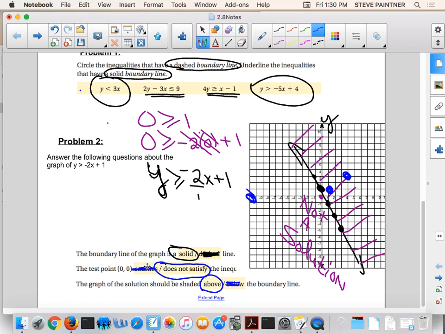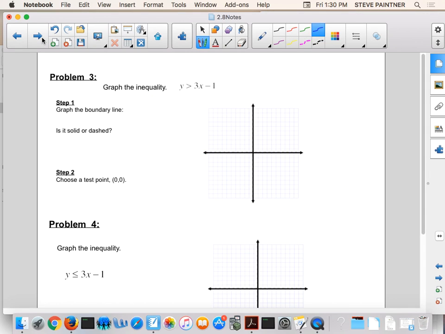All right, next. Okay, I can't see this one. Y is what? Y is greater than 3x minus 1. Gotcha. Okay. All right, go ahead. Graph it.